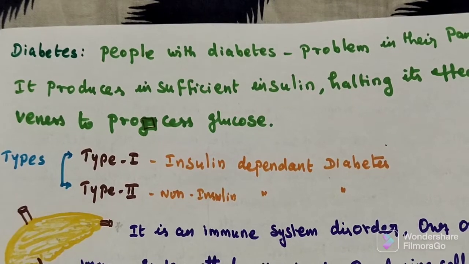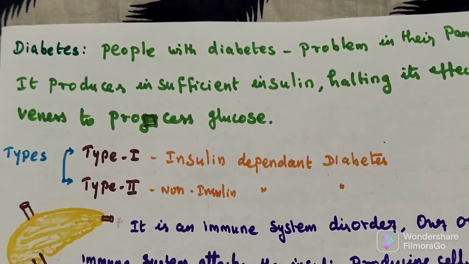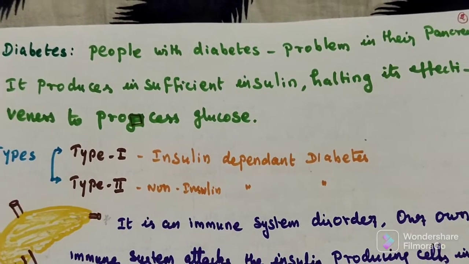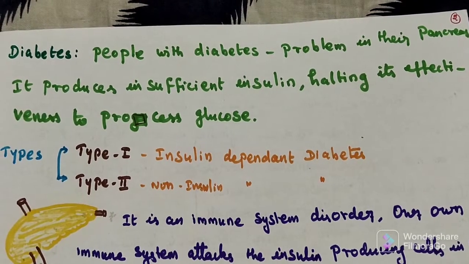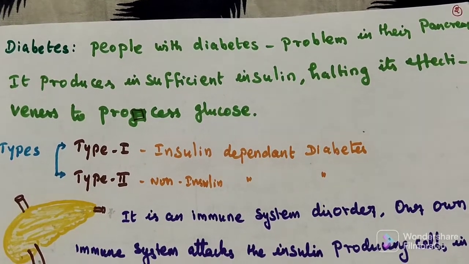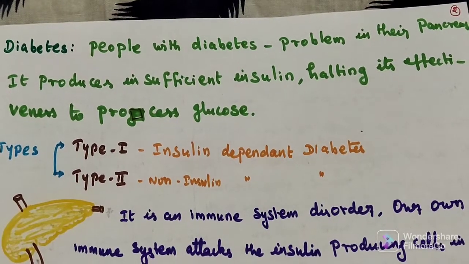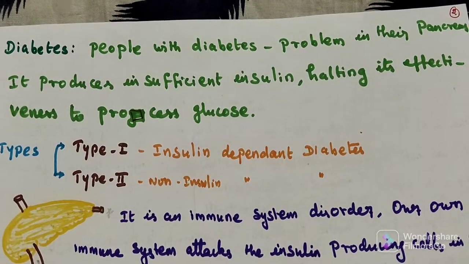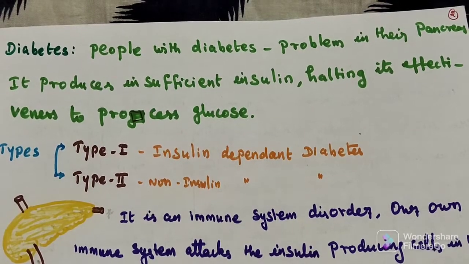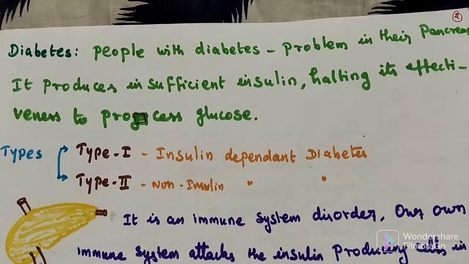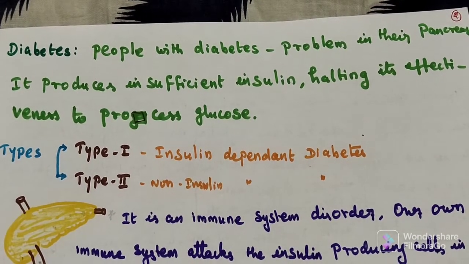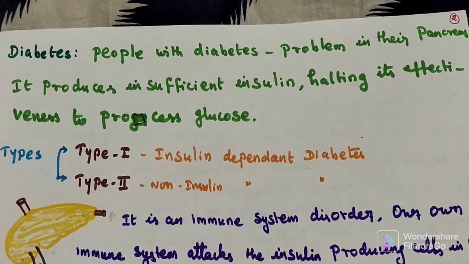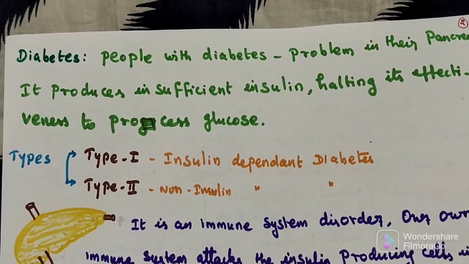People with diabetes have a problem in their pancreas. It produces insufficient insulin, so it loses its effectiveness to process glucose.